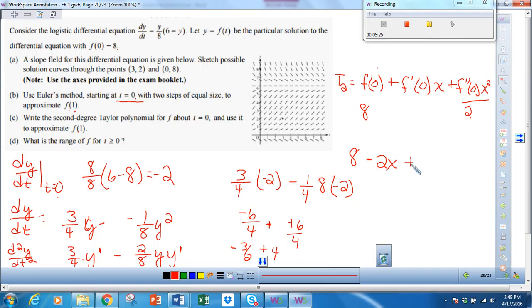So that is our next value. How would you add that? That would be 8 over 2, so 5/2 x squared over 2 factorial. And that would be the Taylor polynomial.